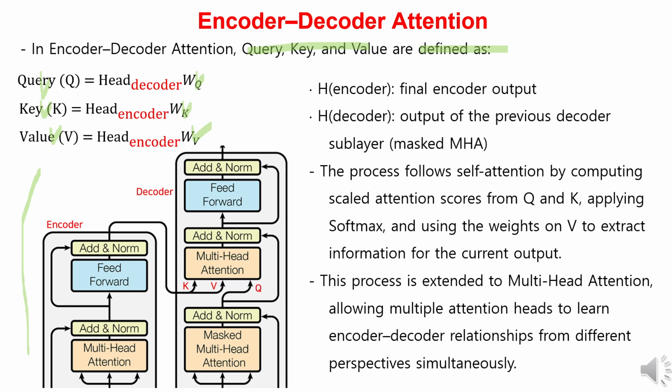Here, K and V are derived from the encoder's final output, whereas Q is generated from the output of the decoder's masked, multi-head self-attention. As indicated by the arrows in the diagram, although Q, K, and V originate from different sources, the subsequent computation follows exactly the same steps as in self-attention. This encoder-decoder attention is also extended to multi-head attention, allowing multiple attention heads to learn encoder-decoder relationships from different perspectives simultaneously.